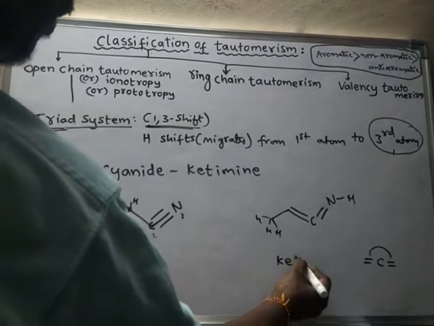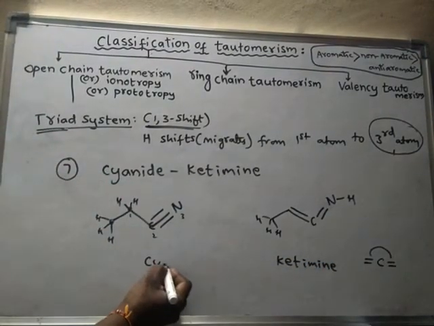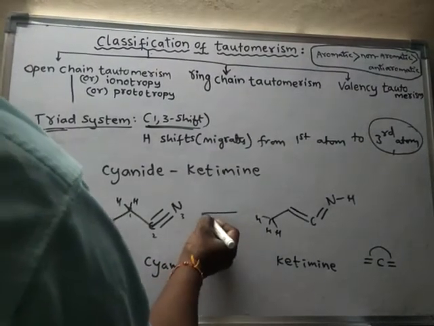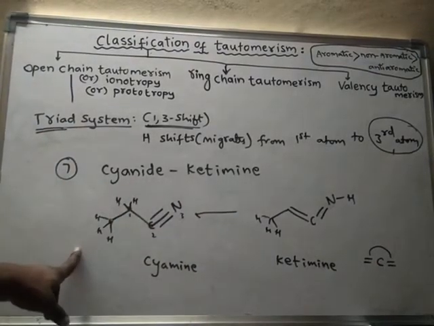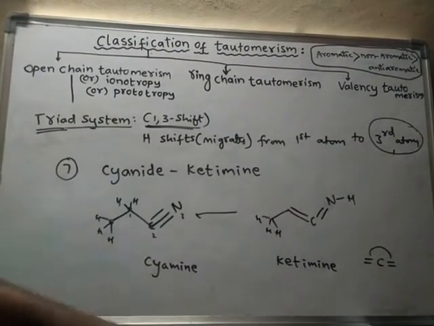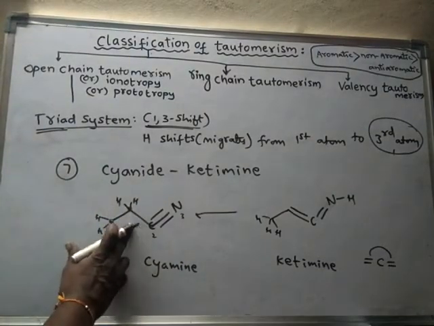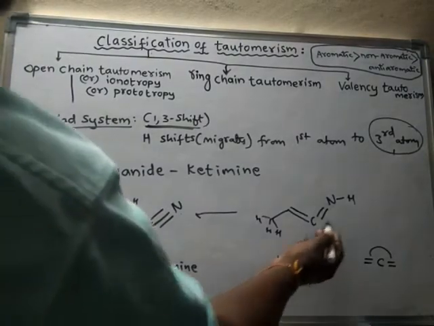So this is ketimine, and this is cyanide. Okay, ketimine is less stable. So hence this compound will occur predominantly. That means this is present in large amounts. More percentage of this compound is present in the liquid than this compound.